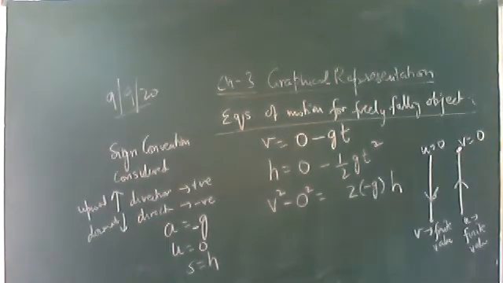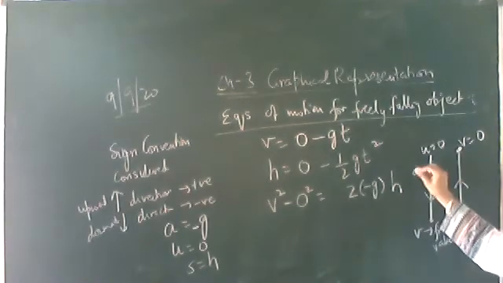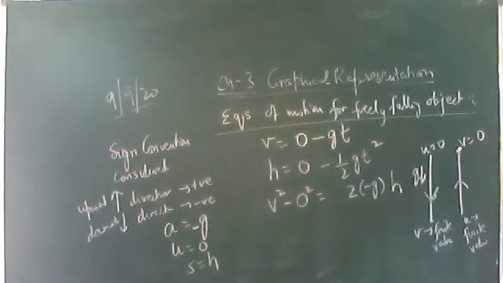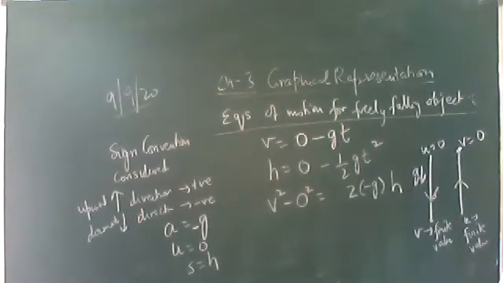That is an easier sign convention used in numericals. We know that acceleration due to gravity is always acting in the downward direction, and here the motion of the object is also in the downward direction. So here you will take g to be positive.